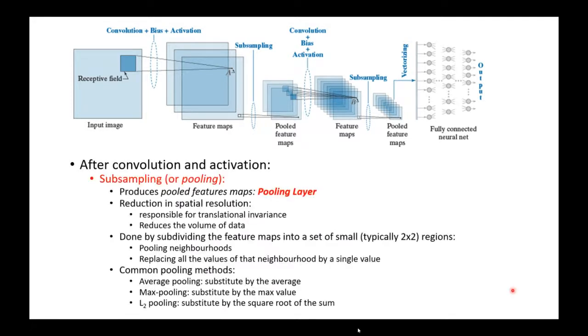Or by L2 pooling, substituting it by the square root of the sum of the squares of the values in the pooling neighborhood, to generate these feature maps, which are called pooled feature maps.